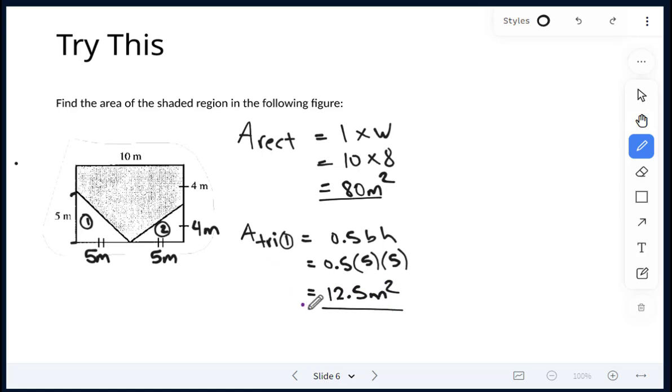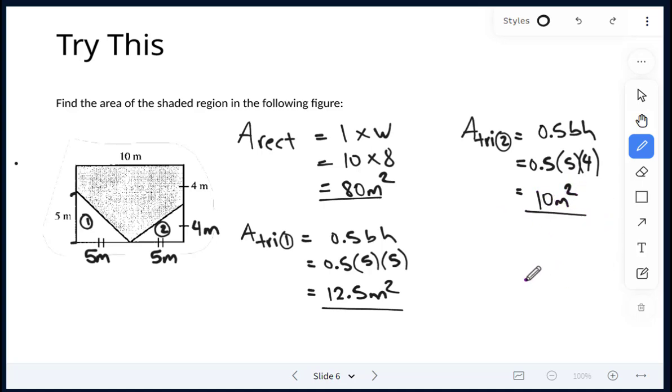Okay, that's triangle 1. And let's do triangle 2 up here. Area of triangle 2. Again, 0.5 base times height. The base here is 5. The height for this one is 4. All right, 5 times 4. That gives me 10 meters squared.